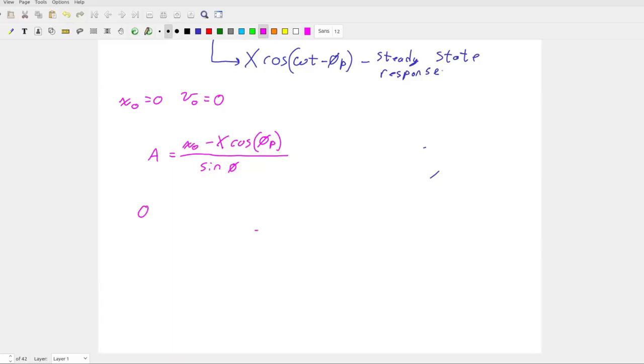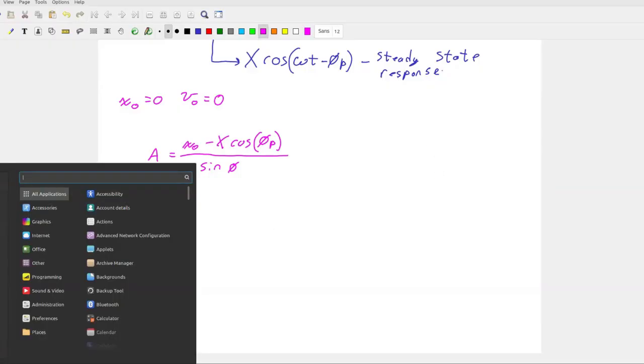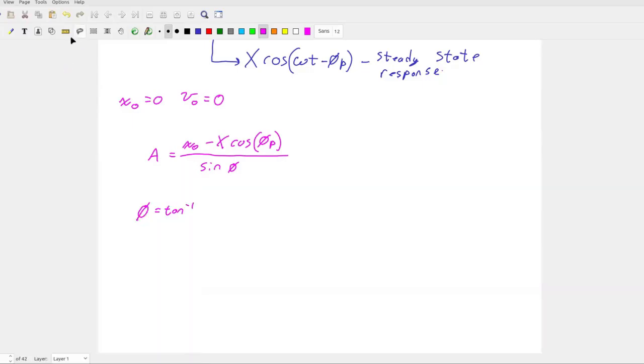where we have phi, this one gets quite long, is equal to the tangent inverse. Let's draw a nice long line here. Put some brackets and fill it in. So we've got omega d, our damped natural frequency, parenthesis x naught minus capital X cosine of phi p.